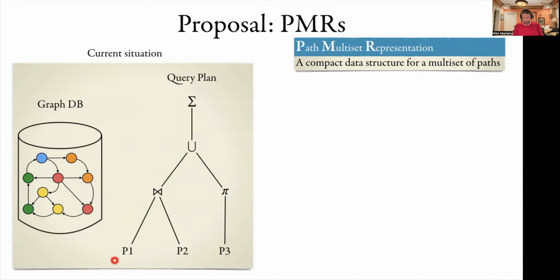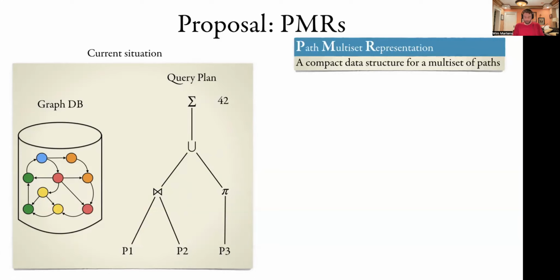So this is a query plan where on the leaves P1, P2, and P3, you have patterns that are matched against your data. And how does this very roughly work? Well, your patterns are going to give you a bunch of intermediate results. These intermediate results are passed on higher in your query plan, and you combine this with operators until in the end you get a result.